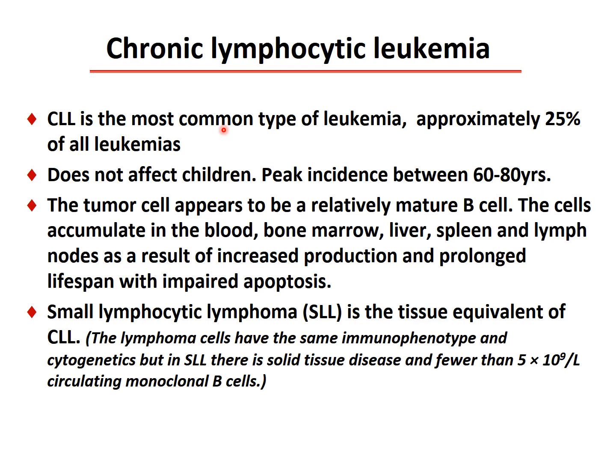This CLL, I would say, so far we believe is an incurable disease. However, there are new drugs, new treatments that are going to directly affect the etiologic key factors, for example, as we see later on, the BCL2 genes.